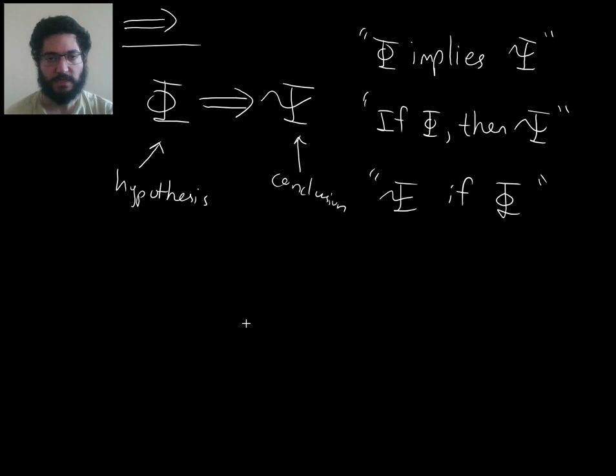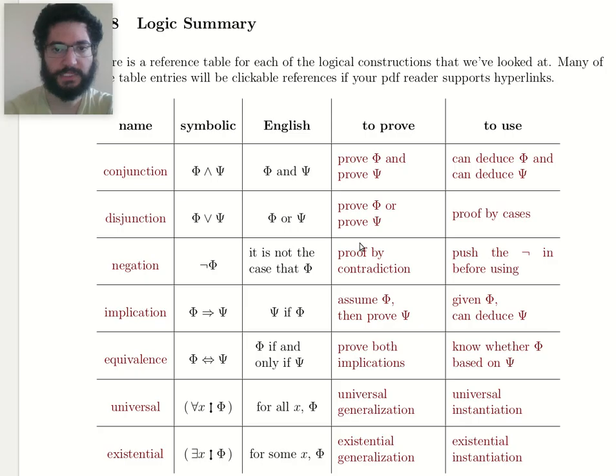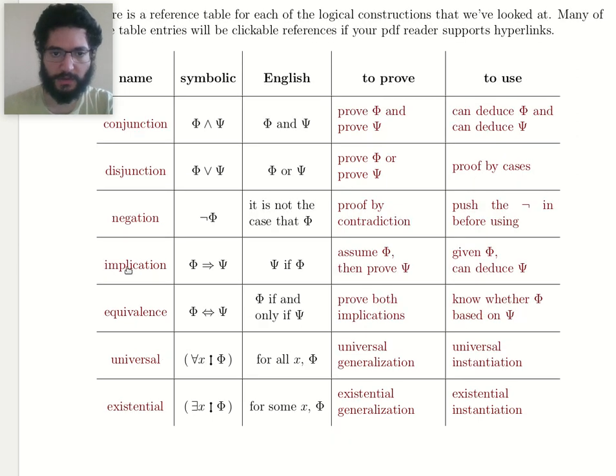Let me show you in the table where this idea shows up. Okay, here I have the table, and we are down here on implication. And what I just discussed was how to prove an implication. To prove that if phi, then psi, you must assume phi, and then your task becomes prove psi.